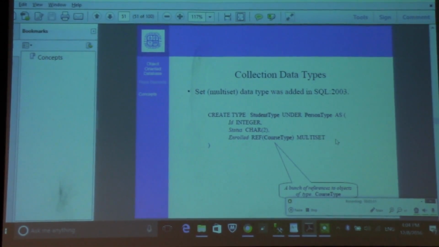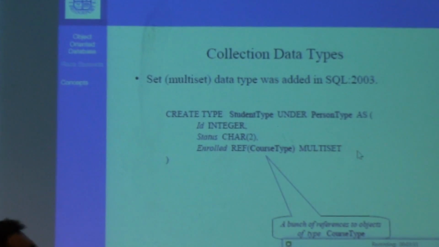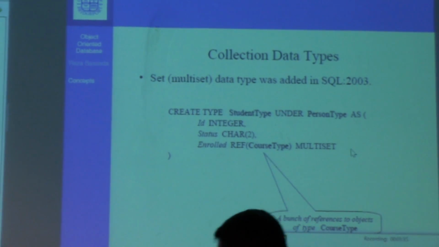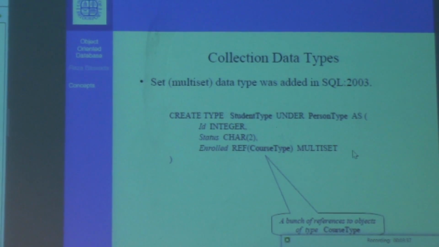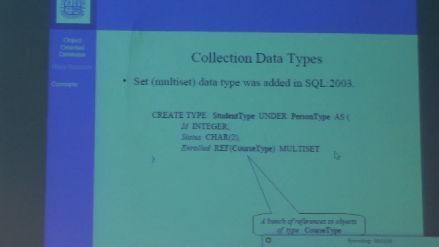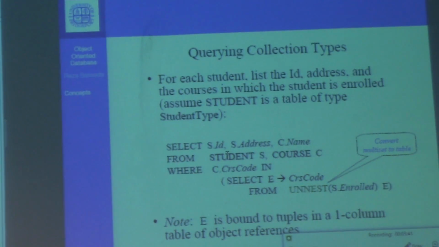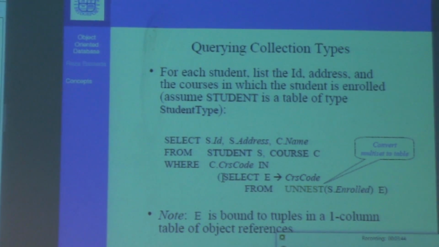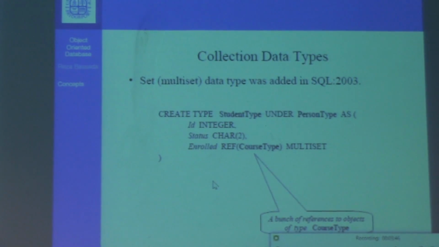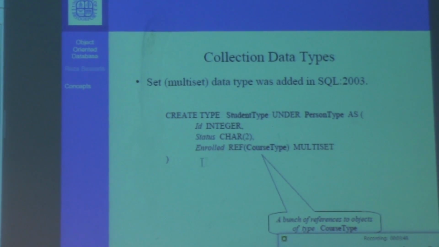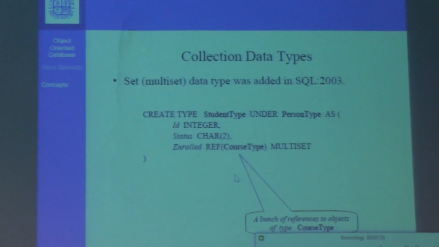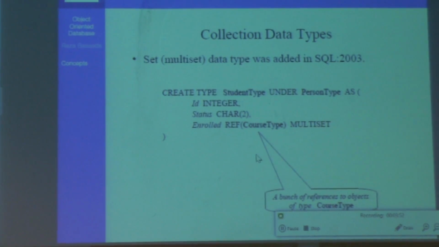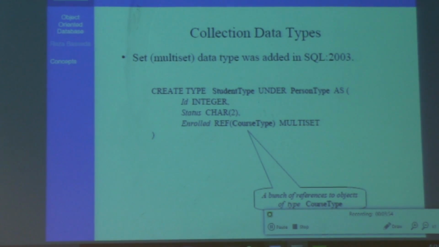So the enroll is pointing to the course type. Do we have course type here? No. Okay, so suppose we create the course type as follows.